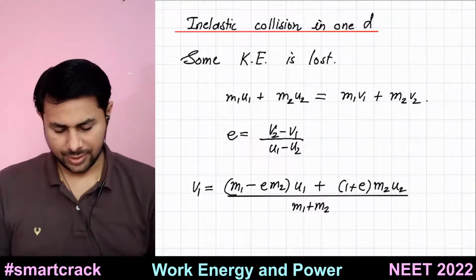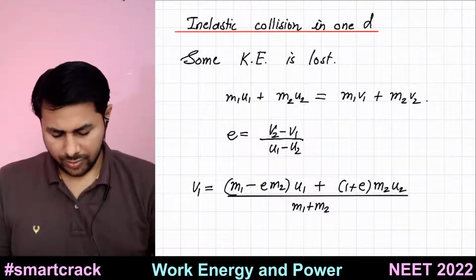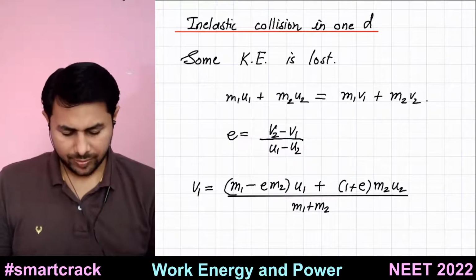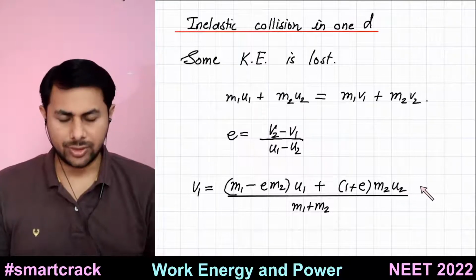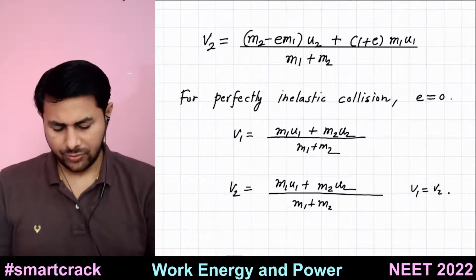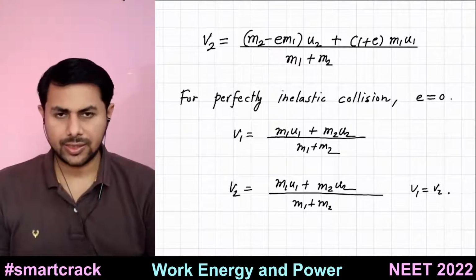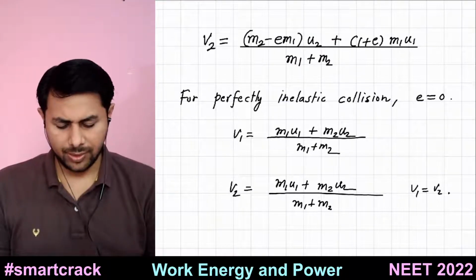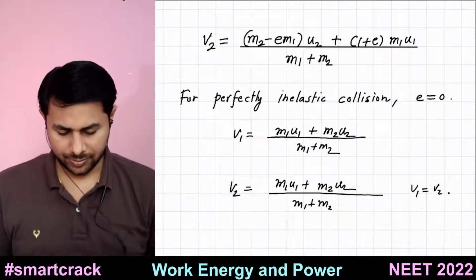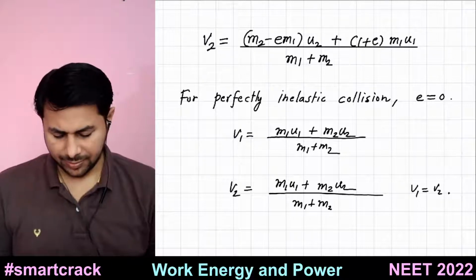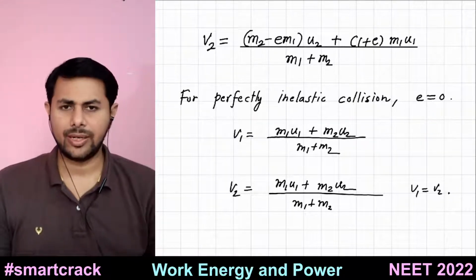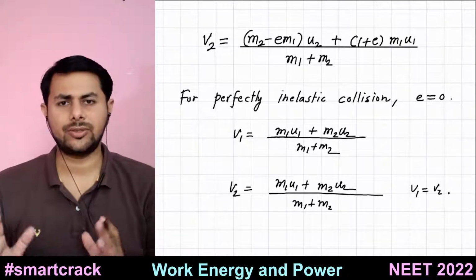So v1 equals (m1 minus e times m2) times u1 plus (1 plus e) m2 times u2, divided by (m1 plus m2). And v2 is given by (m2 minus e times m1) times u2 plus (1 plus e) m1 u1, divided by (m1 plus m2). Now for a perfectly inelastic collision, e becomes equal to 0.